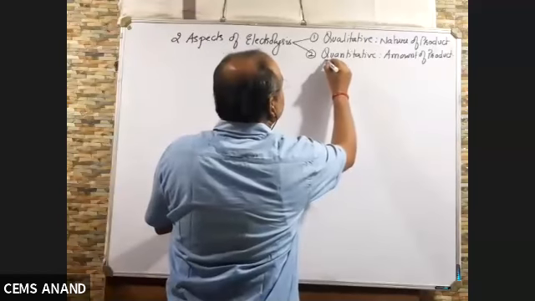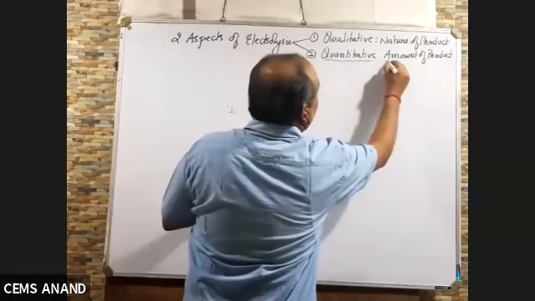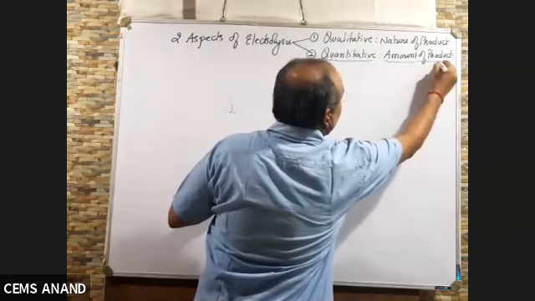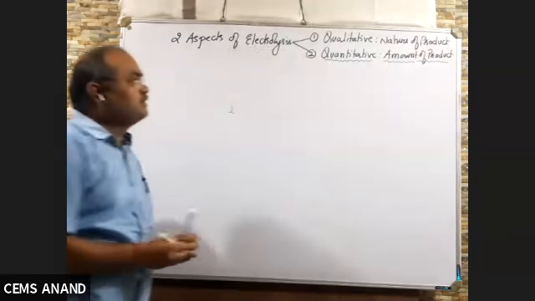Now we are going to discuss the quantitative aspect, meaning the amount of product. Till now we have done the nature of product.